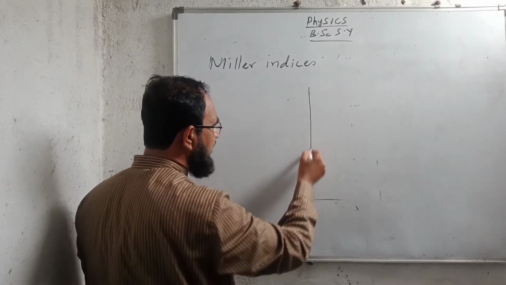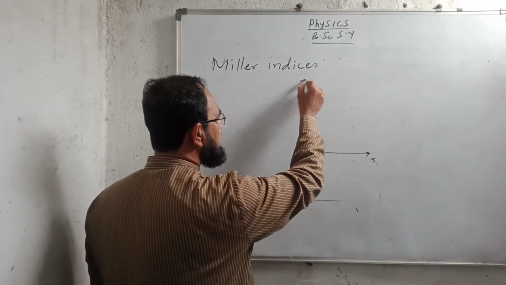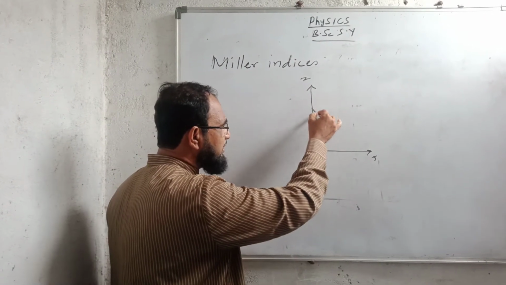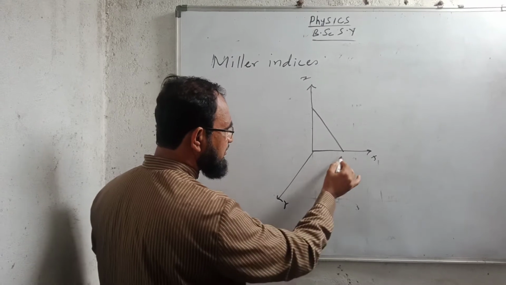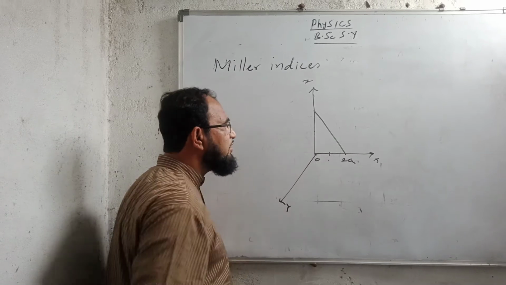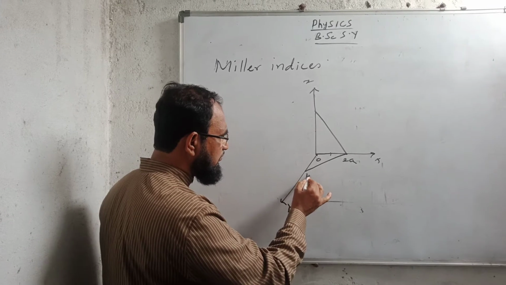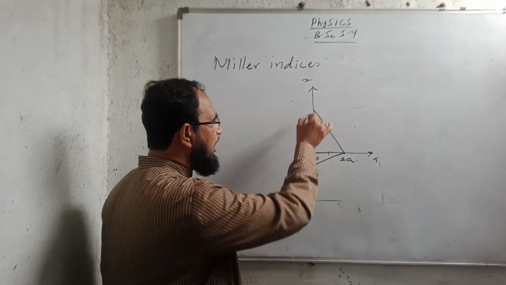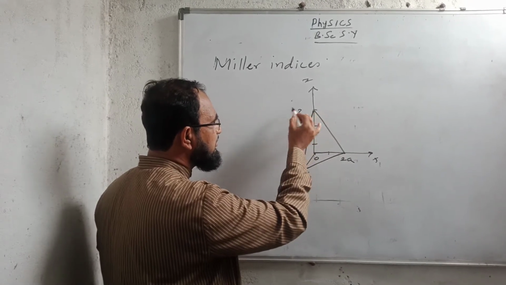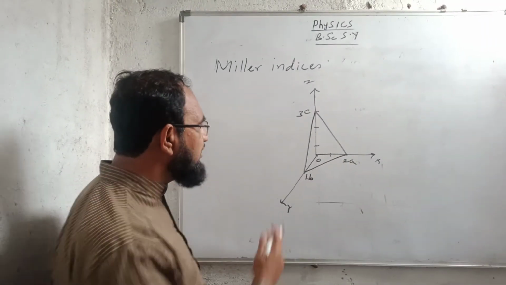For example, I have the x-axis, y-axis and z-axis, and there are lattice planes passing through them. Suppose the plane passes through 2a, 1b, and 3c. So these are the intercepts made by the lattice planes.